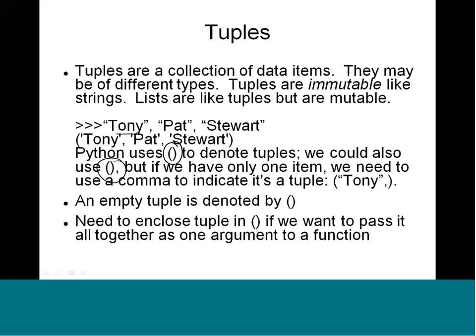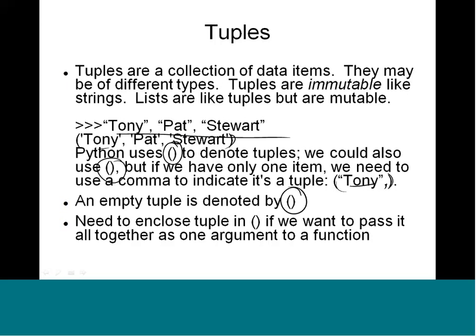So here we have three names, so we just put commas and then put it in a tuple. Whereas if you have just one name, we put the name, followed by a comma, and then put it inside the parentheses. The empty tuple is denoted by just empty parentheses.